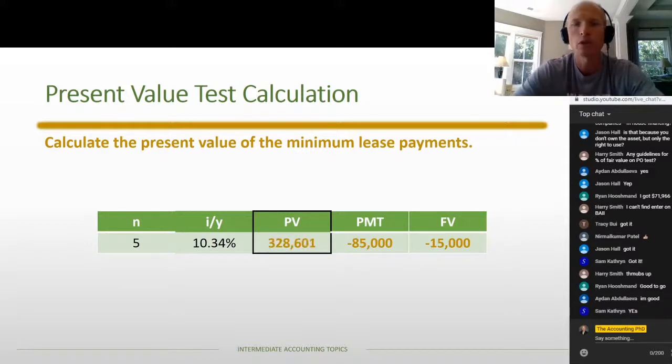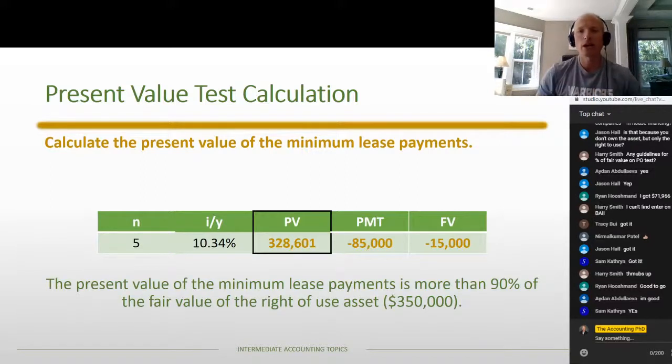And so when we do the present value calculation, we get a present value of $328,601, and in this case, that amount is still more than 90% of the fair value of the right of use asset. So even if the lease life had not triggered a finance lease, this present value calculation would have triggered a finance lease. So we're clearly in finance lease territory here.